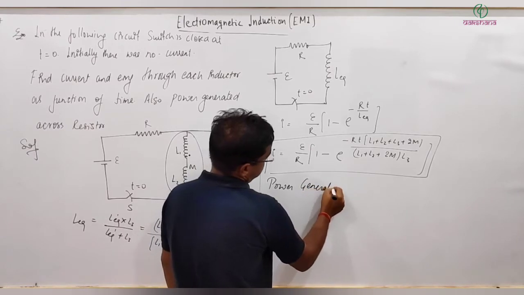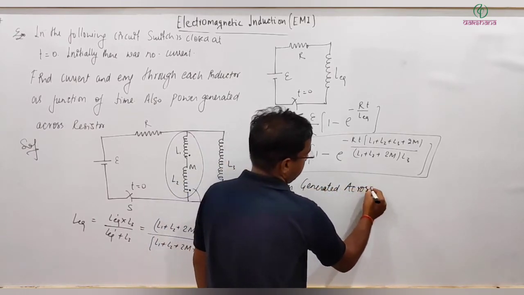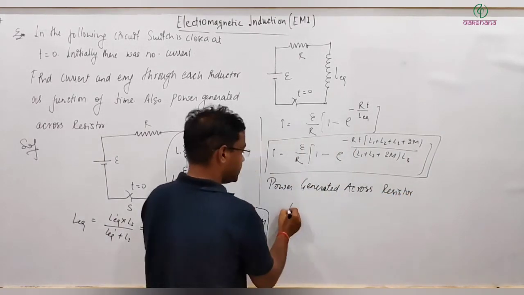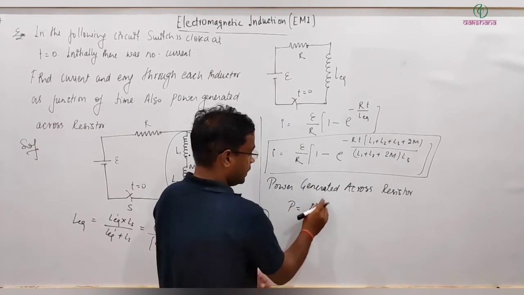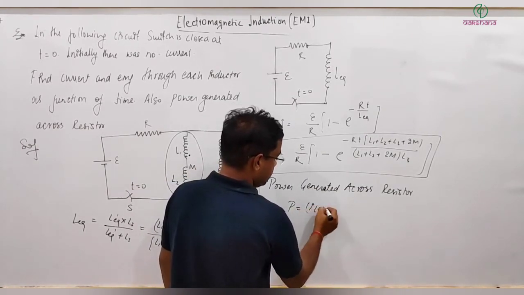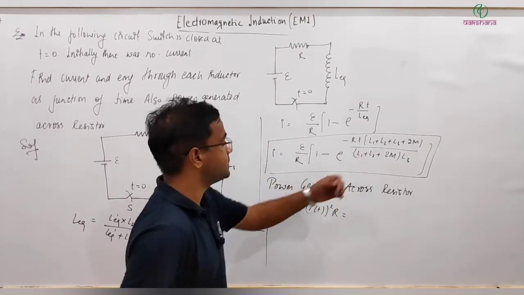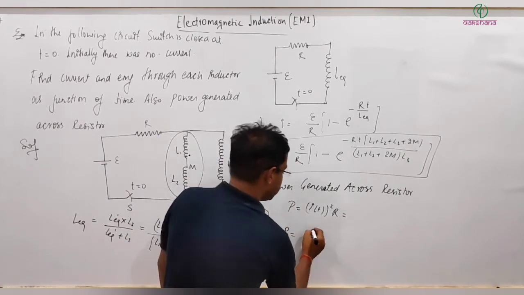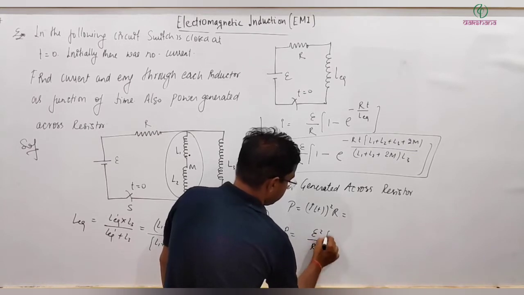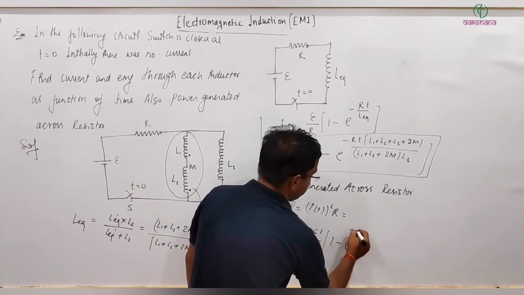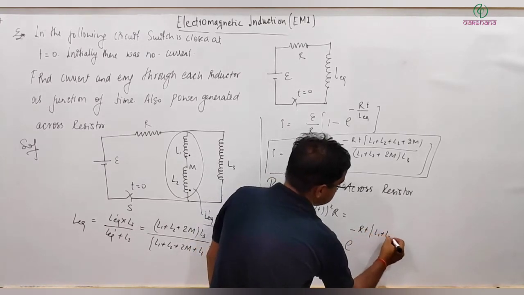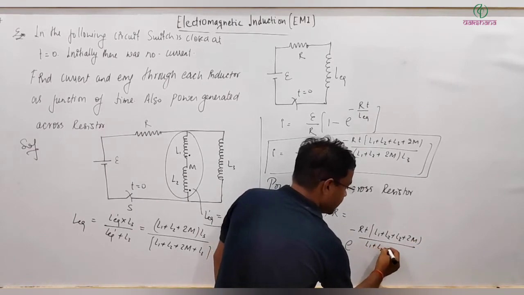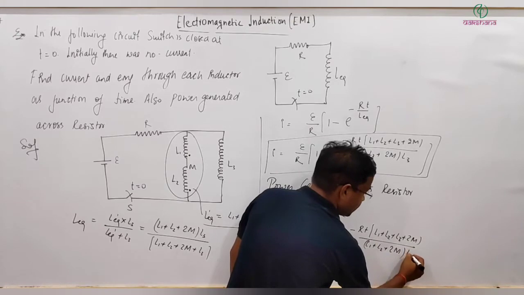Power is equal to I square into R, where I is I(t), whole square, into R. I is this, so if I multiply it, power comes out to be E square divided by R, into (1 minus e raised to power minus RT (L1 plus L2 plus L3 plus 2M) whole divided by (L1 plus L2 plus 2M) multiplied by L3), whole square.